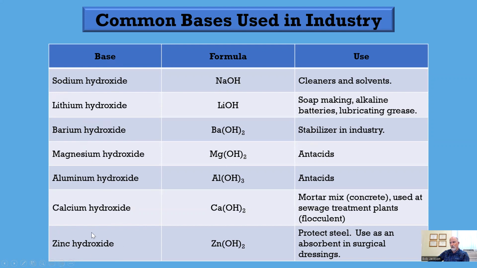They use it for protecting steel and making galvanized metal. But these are all hydroxides, and they're all metal hydroxides, like sodium hydroxide, lithium hydroxide, barium hydroxide. They're common bases. And I have uses of them over here.